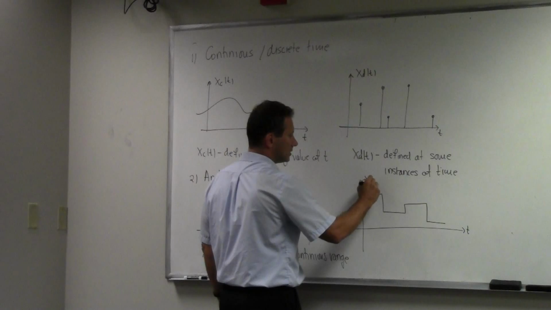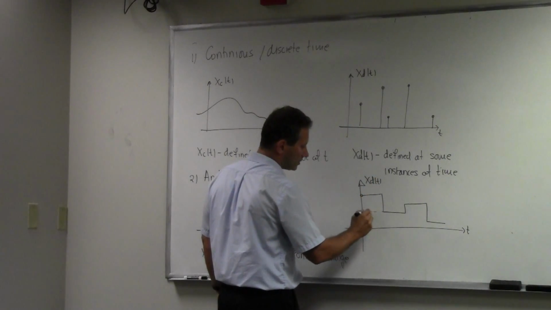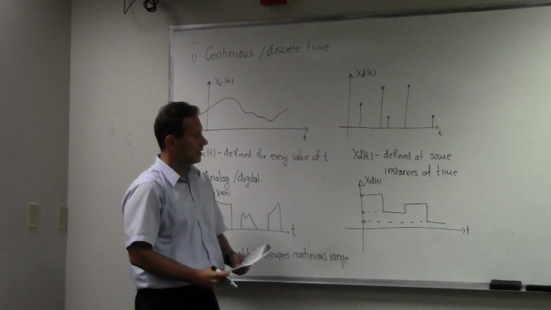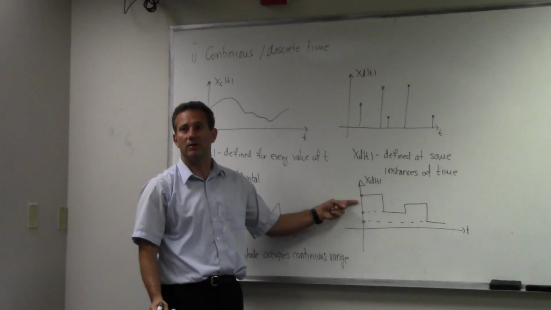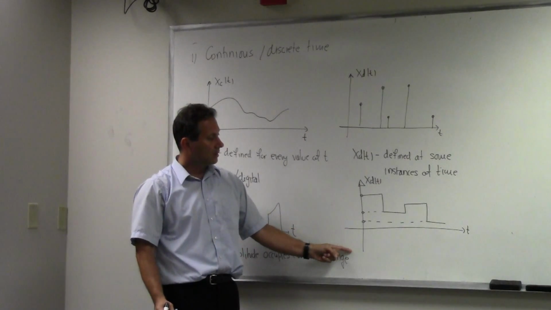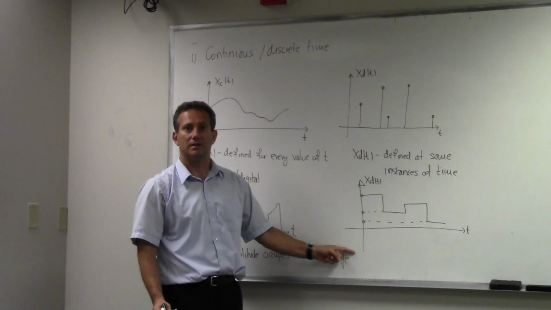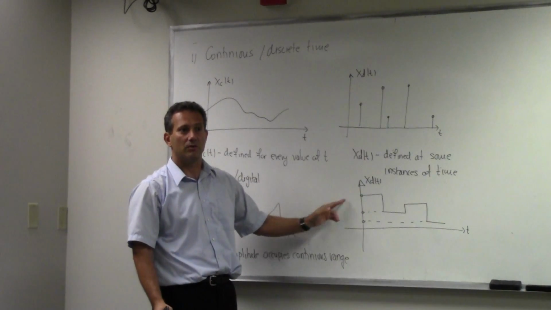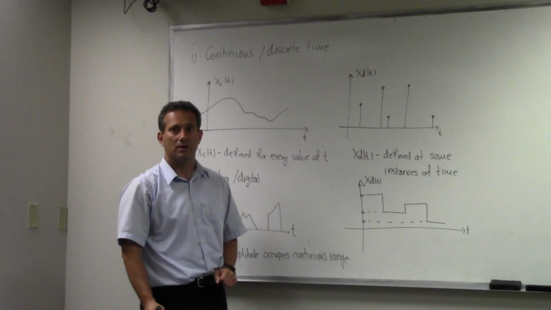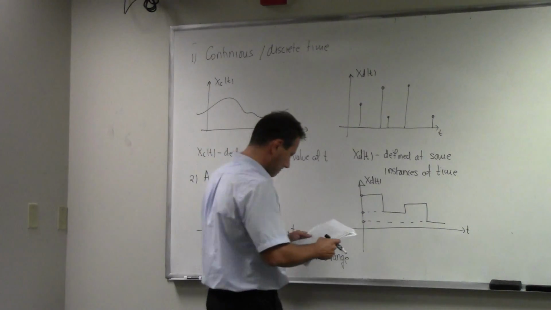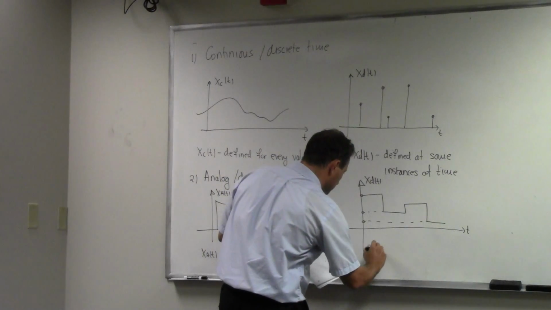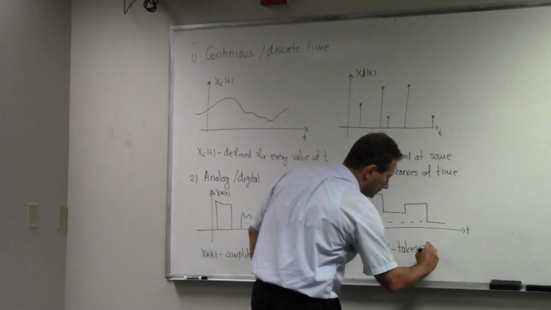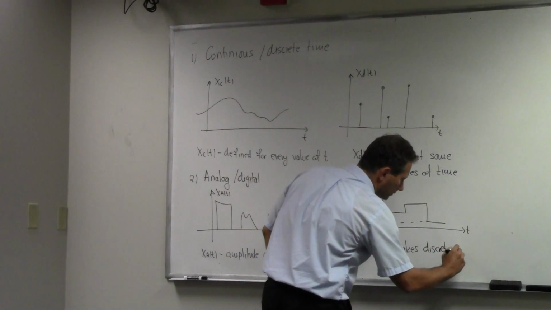So this is xd of t, where these values are coming from some predefined set of values. All the values in between are not possible. The signal cannot take any value in between these two. So there are discrete points on the y-axis that the signal can take. This is a continuous time signal, but it's digital. It is only taking discrete values along the y-axis. So xd of t takes discrete amplitude values.